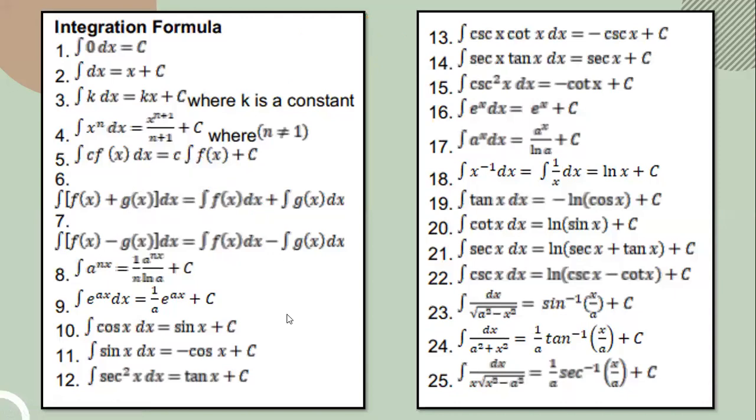Ang meron lang tayo dito ay e raised to x dx. Ang answer, e raised to x plus c. And here, yung ginamit natin kanina, e raised to ax dx. So 1 over a, yung kasama ni x na exponent. And then copy the e raised to ax.